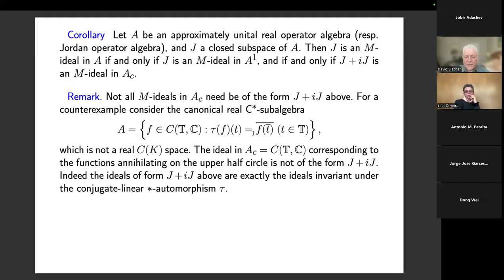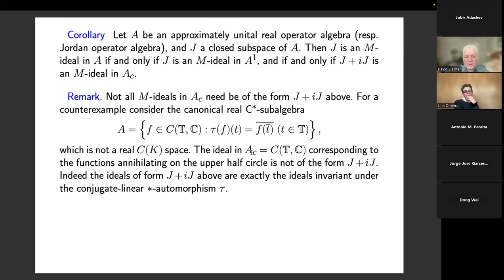So this is actually your canonical real commutative C-star algebra. Every commutative real C-star algebra looks something like this on some space. Here this is appearing on the circle, but every commutative real C-star algebra looks analogous to this for some homeomorphism T of the underlying topological space.